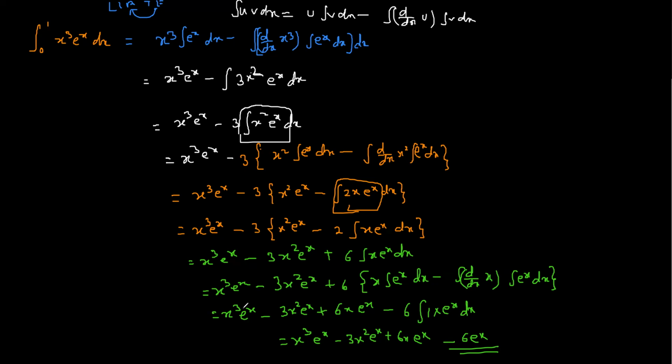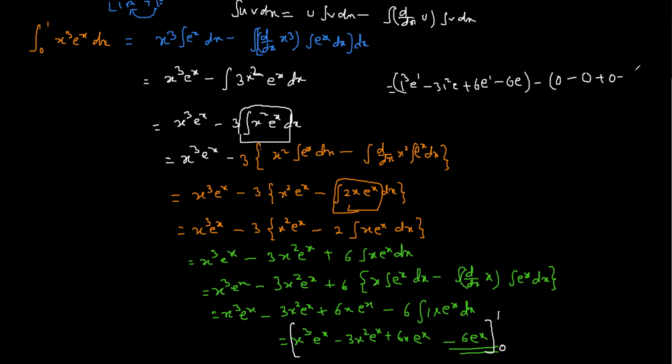After this, what you have to do? Put the limit. The limit was 0 to 1. First put 1. When you put 0, 0 into anything becomes 0.